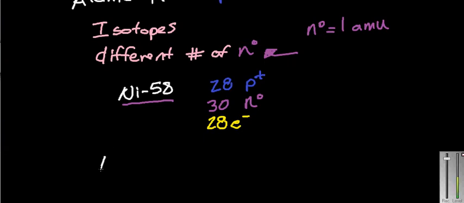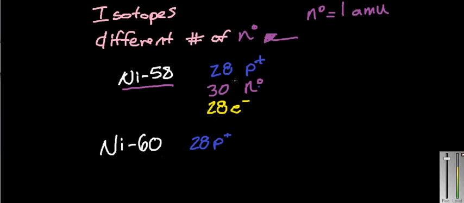Now let's say that we have nickel 60. What's going to change here? The proton number is going to be the same because it's still nickel, and the protons represent the identity of the atom. In other words, 28 protons indicates that this is nickel. The neutrons, however, are going to change because the weight is represented by this 58.